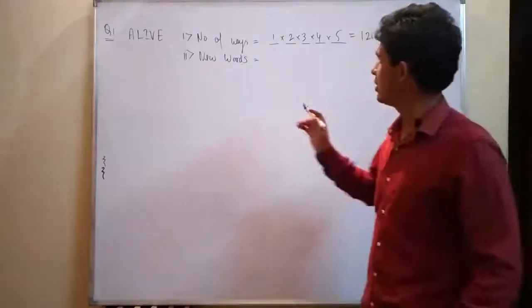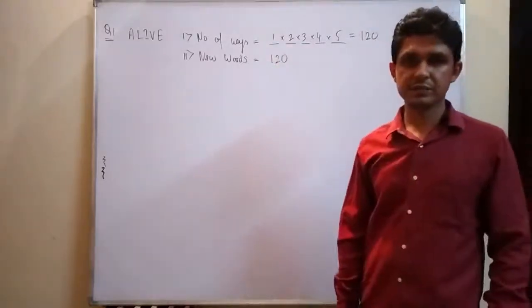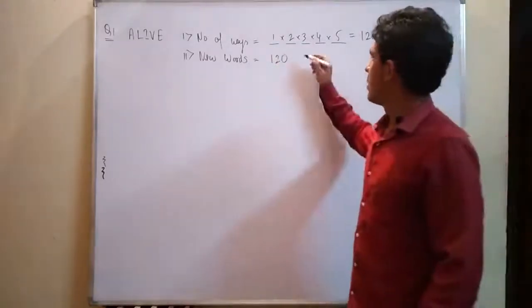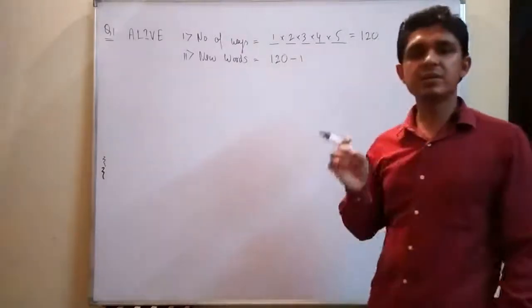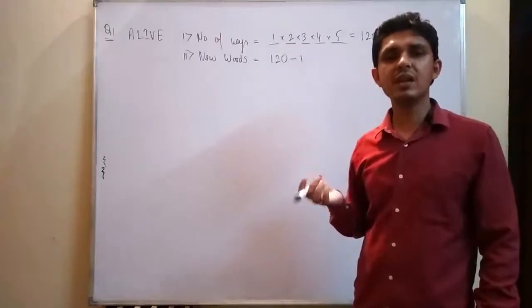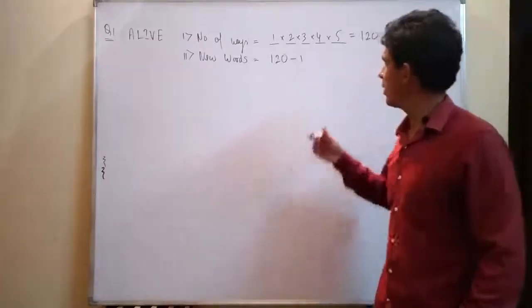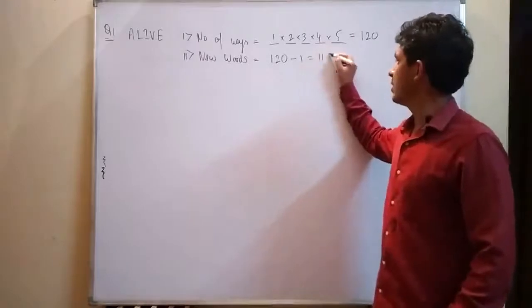The number of words that can be made will be equal to the total number of arrangements minus 1, because one word, alive, is already there and we have to tell the new words that can be made. So the answer will be 120 minus 1, that is 119, right?